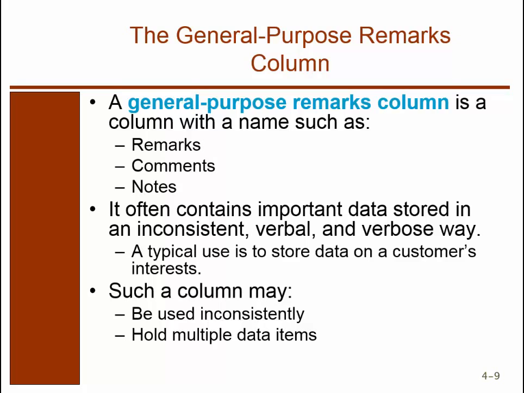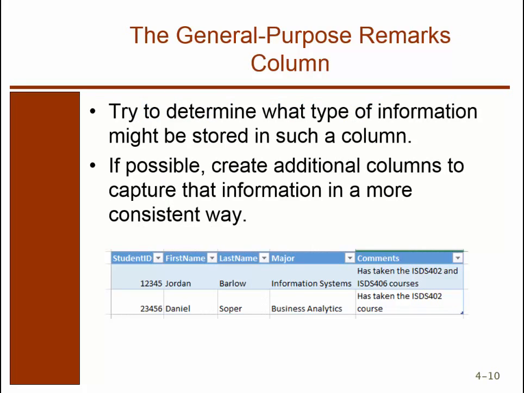So let's look at an example. Here in this table, we might be storing information about students, and then we have a comment field. Well, here in this comment field, the user has decided to talk about which courses that student has taken. Now, it would be a lot easier to access data from this table and to make reports and use SQL if we have this stored in a more consistent way.